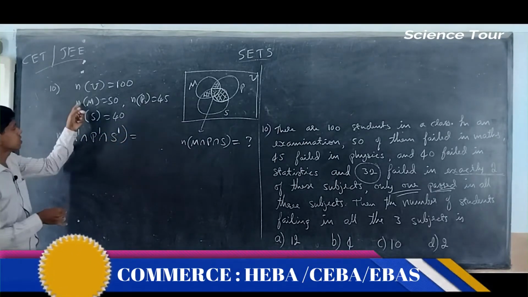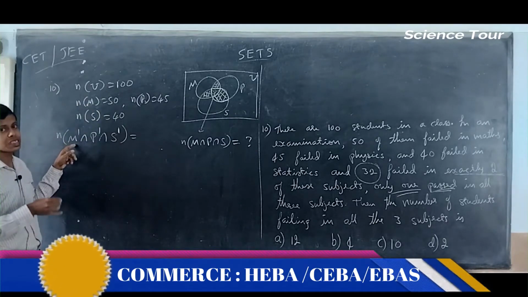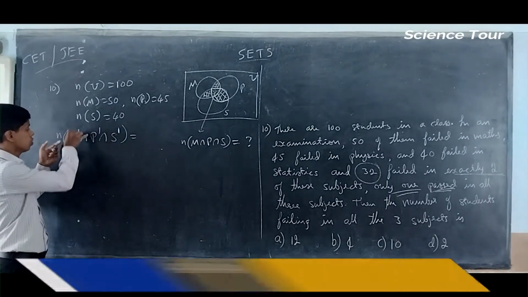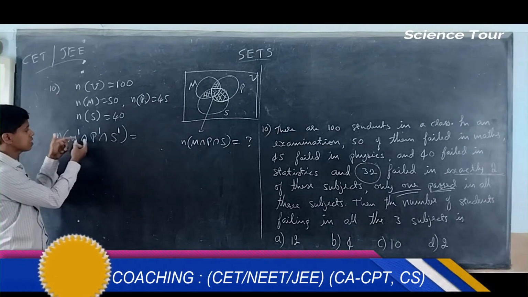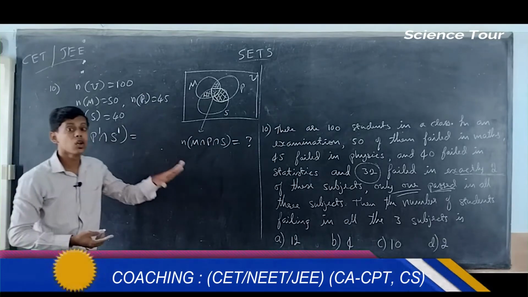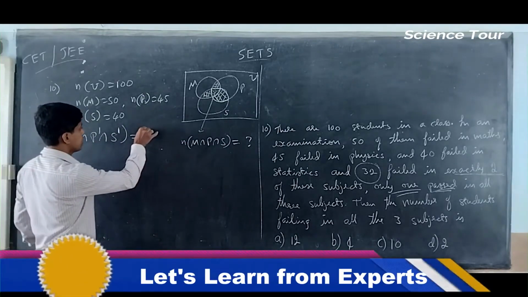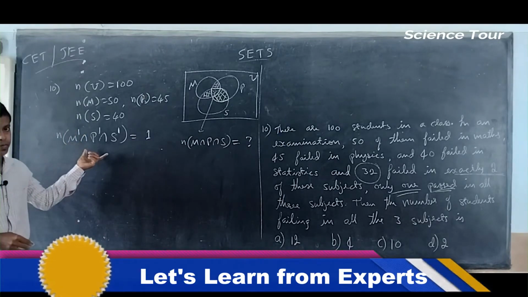What is M dash? M dash means he did not fail in maths, that means he passed in maths. So the number of students who did not fail in maths and did not fail in physics and did not fail in stat. Only one passed in all. He did not fail in any. So that is one. Please understand this very clearly.